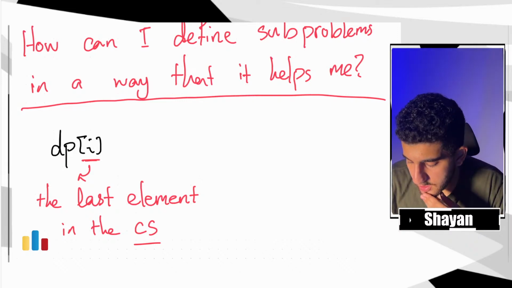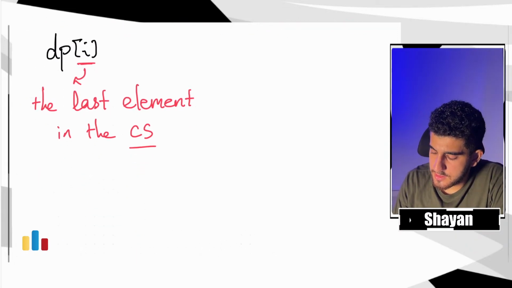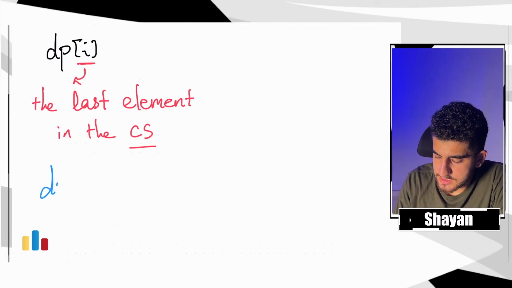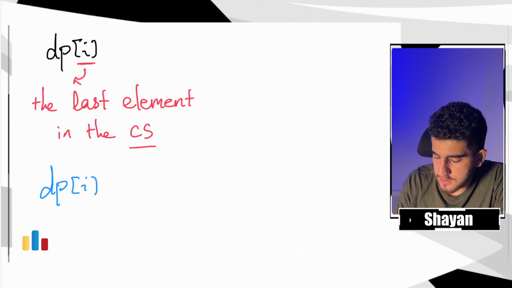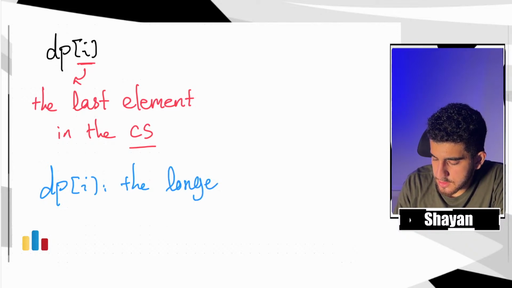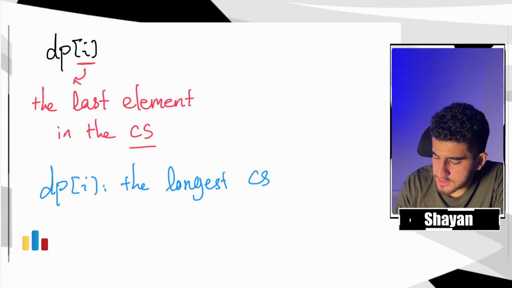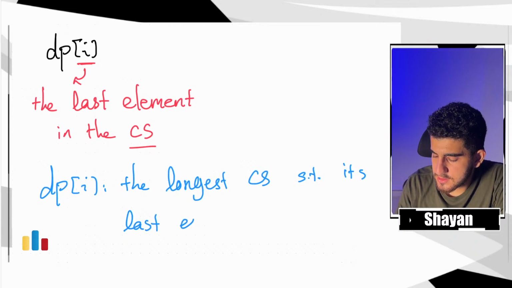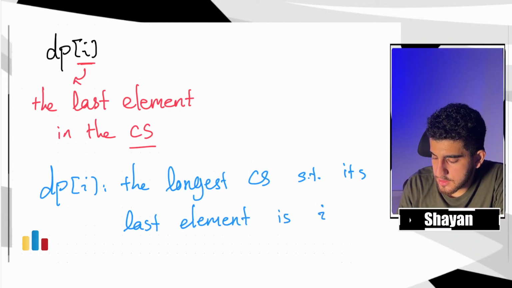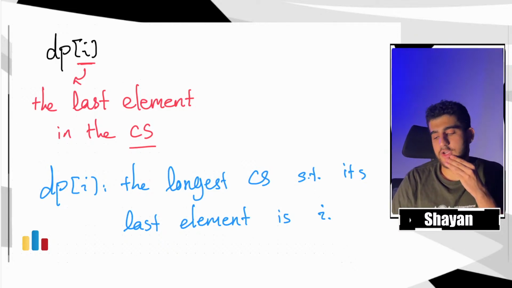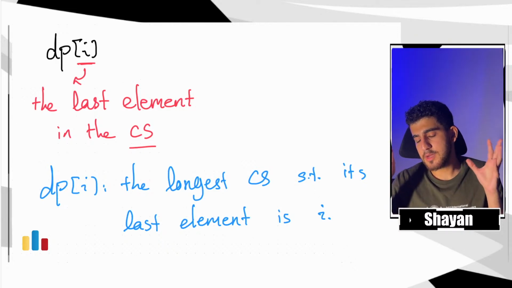So dp of i can be the longest common subsequence such that its last element is i. Okay, so dp of i, my subproblem, can be this.